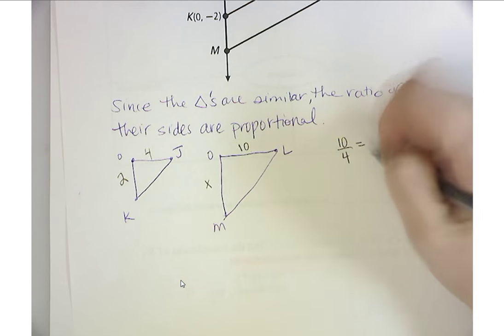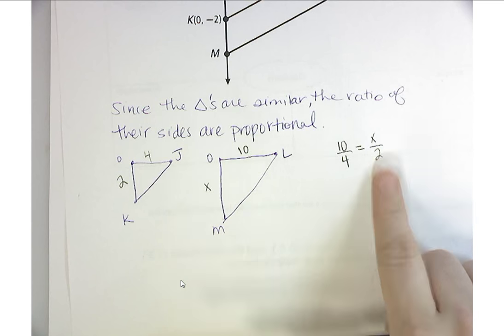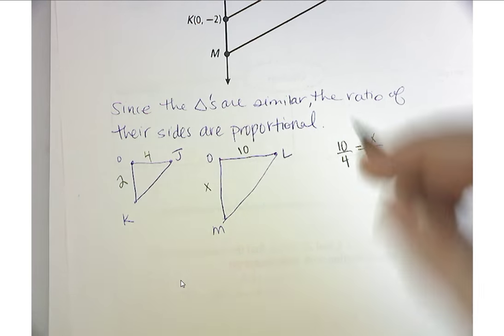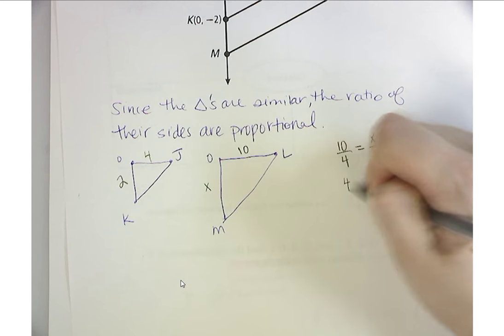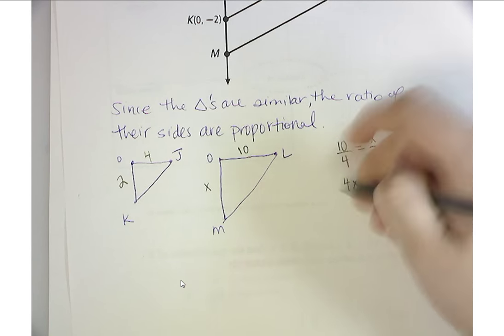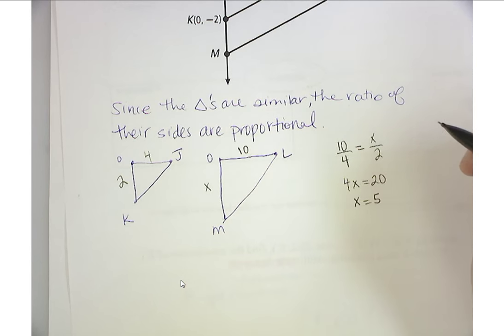The X. I could also flip both of those over. I could do 4 over 10 equals 2 over X. Okay, and then I have to solve by cross multiplying. So 4 times X is 4X. What's 2 times 10 going to be? 20. So then I'm going to divide both sides by 4. And X will be 5.